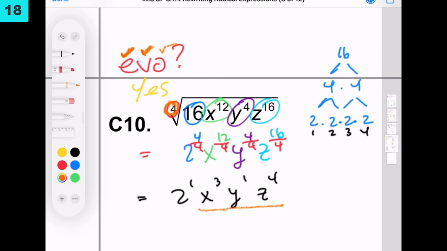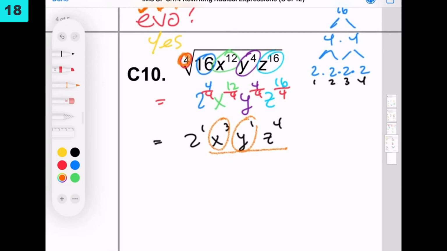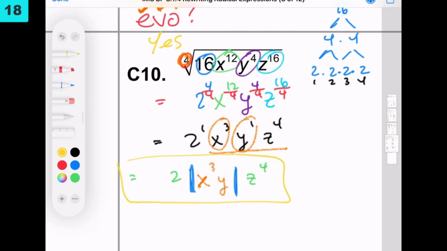So let's go ahead and circle the ones that are odd. So those are the only 2 that are going into the absolute value sign. That means I have 2 that goes in front and the z to the 4th in the back. Order doesn't matter, but what's most important is that the absolute value signs x to the 3rd and y aren't in there. And that's our answer for number 10. See you guys.